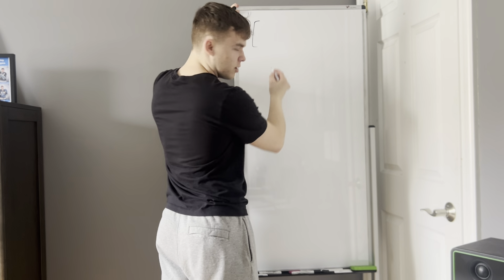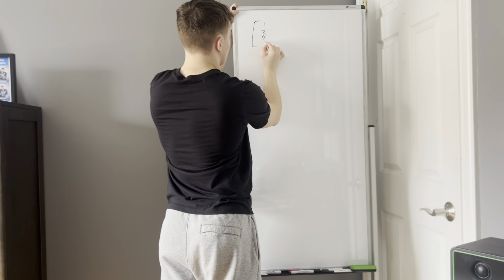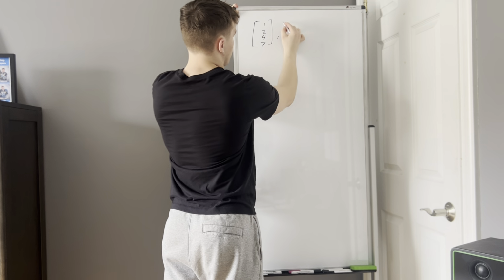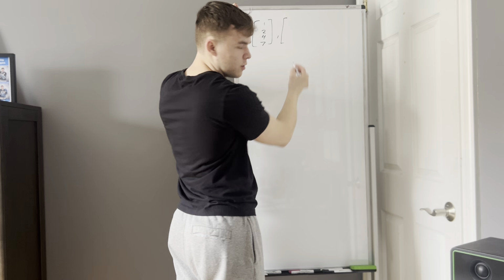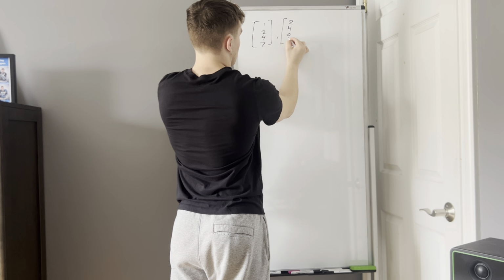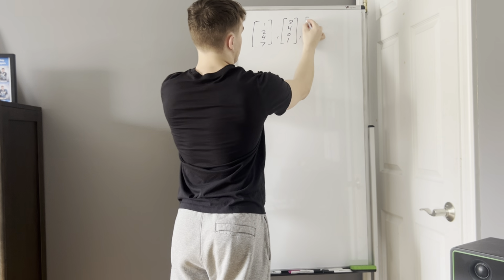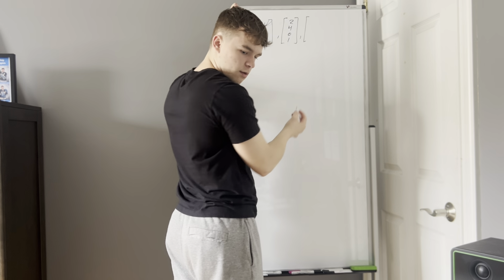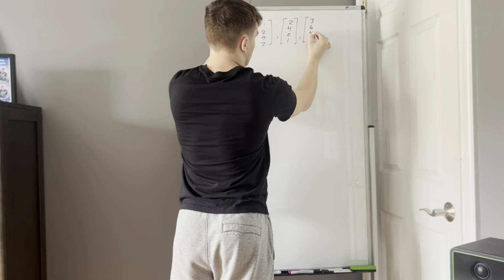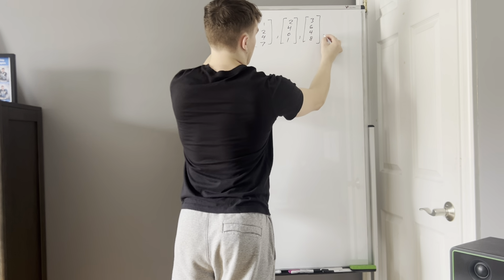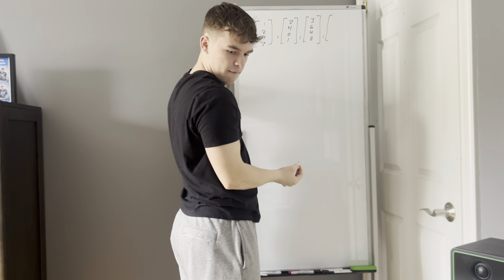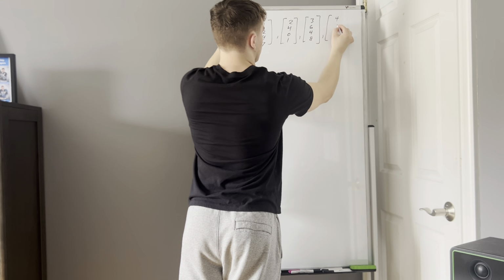We've got the vector 1, 2, 4, 7. We've got the vector 2, 4, 0, 1. We've got the vector 3, 6, 4, 8. And finally, we've got the vector 4, 8, 8, 15.